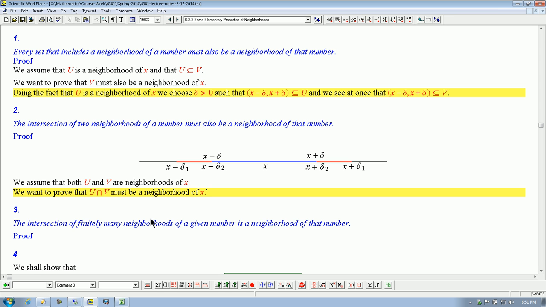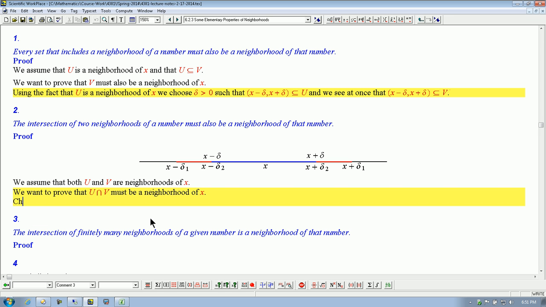Choose delta, I'm going to call it delta 1, greater than 0, such that the interval center x radius delta 1 is a subset of U.